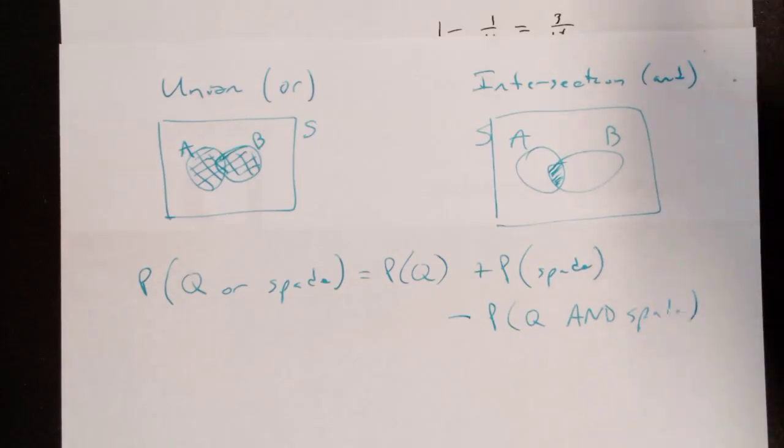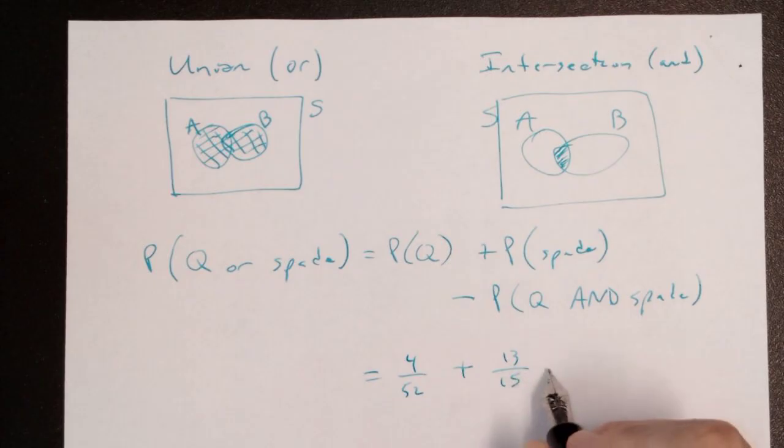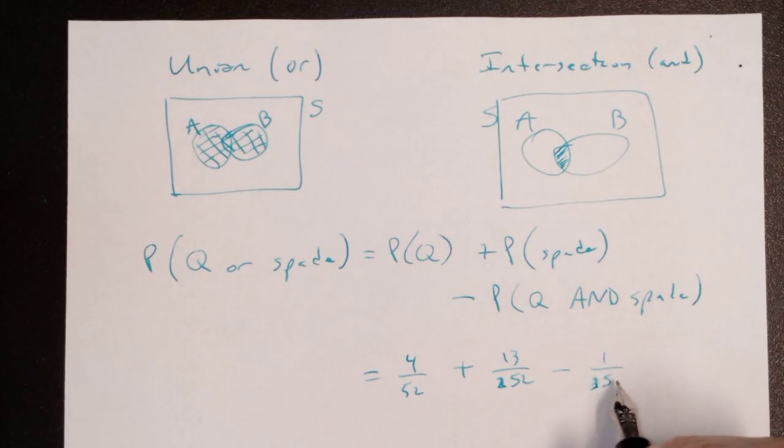Now, there only happens to be one of those, and that's fine, but I'm doing this as probabilities. So I'm going to write these as out of 52s. In our case, 4 out of 52 plus 13 out of 52 minus 1 out of 52. I keep saying the number 1 as I'm writing. I start to write the 1.